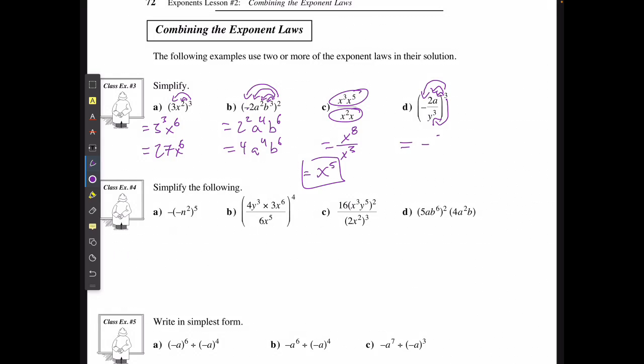And then on the top I have 2 to the power of 3, and I have a to the power of 3. On the bottom, y to the 3 to the 3 is the same as y to the 9. And if I take 2 to the power of 3, I have negative 8a cubed over y to the power of 9. And that's my final answer.